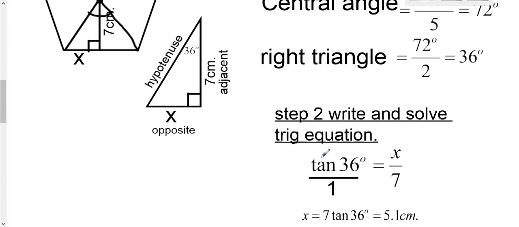So we've got tan set up here to solve for this side. Let's see if that's right. Yeah, of course we've got this side x and one we know. So opposite and adjacent is tangent. So the tangent of the angle, 36 degrees, equals the opposite side, which was x, over the adjacent side, which is 7.